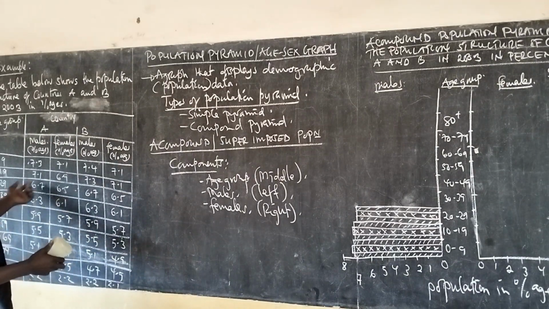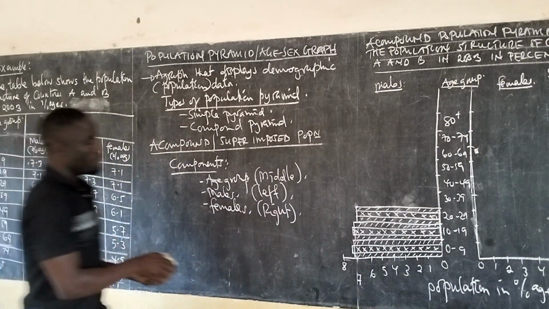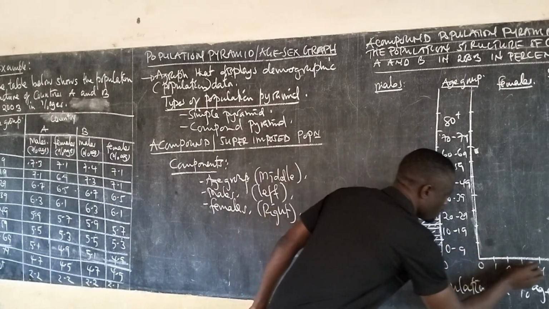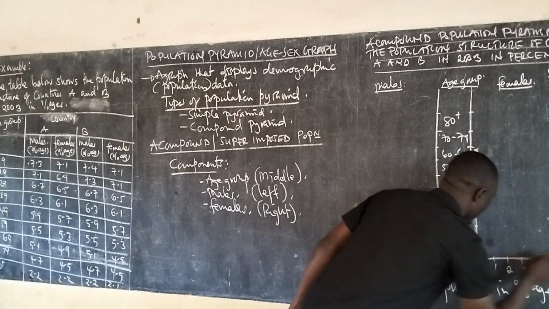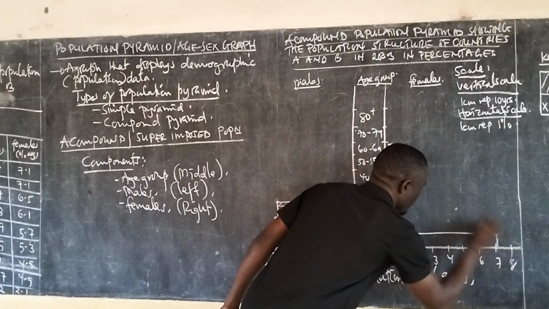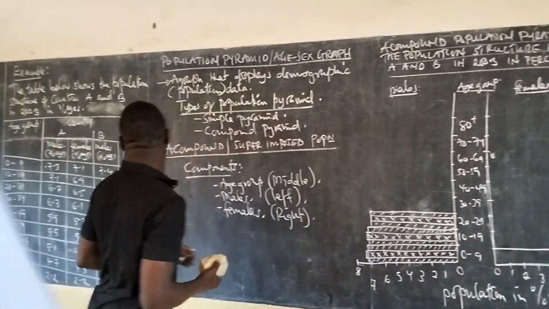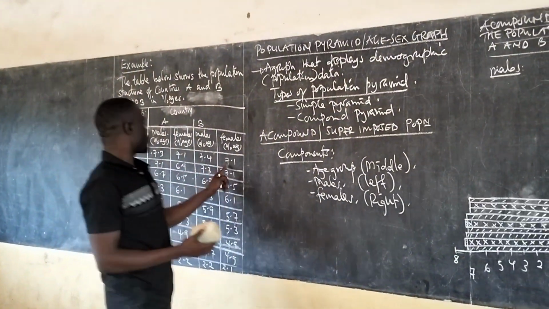So for the females of country A, we said it is 7.1. So here we come and say 7.1 is around here. Then the same age bracket, but for country B, females, it is also 7.1.